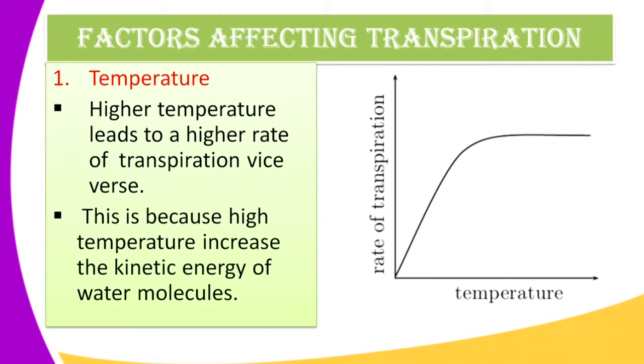And we say kinetic energy by definition, we've learned this in physics, I hope so. So kinetic energy, this is the energy which is in motion. So higher temperatures increase the kinetic energy, so it will lead to the opening up of the plant. The water molecules will be moving, so it will increase the rate of transpiration.